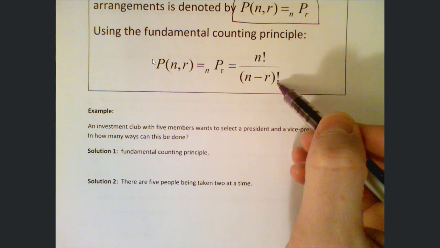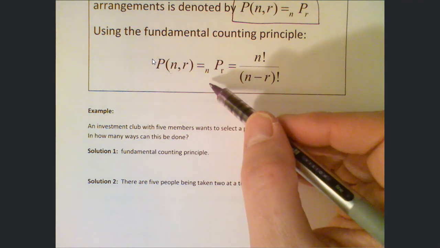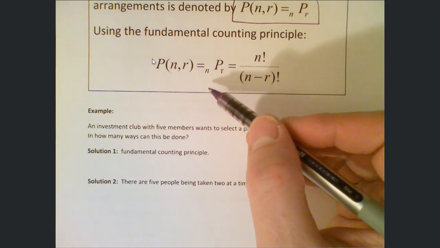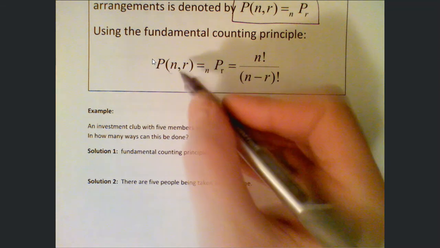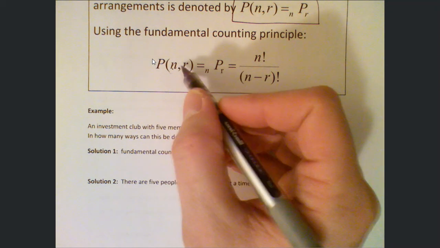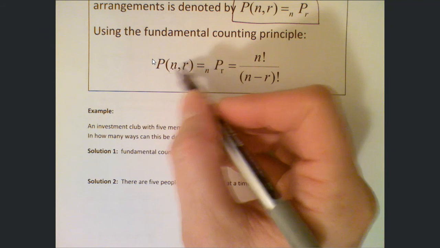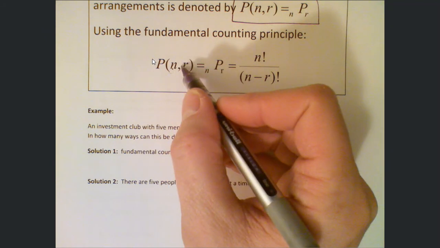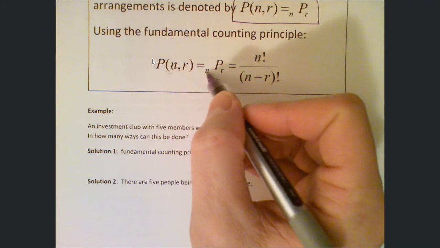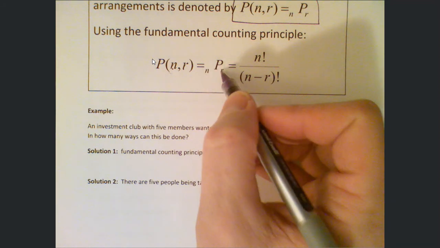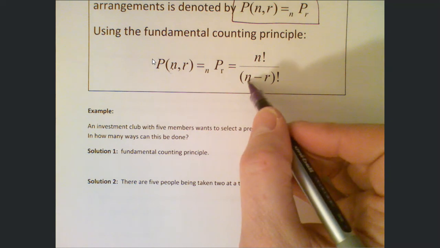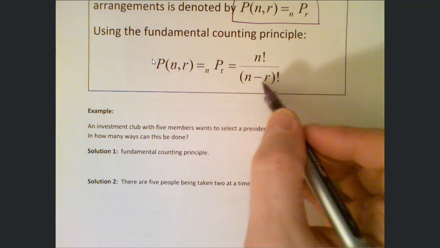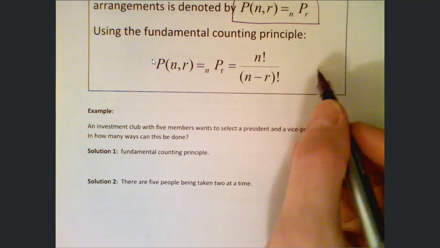Now, to go back to the other problem where we had 8 songs and we wanted to take them 8 at a time, so that is, play all 8 songs. How many ways can we do that? If you recall, it was 8 and 8. So it was 8 songs taken 8 at a time, or 8P8, and 8 factorial over (8 minus 8), or 0 factorial, is just n factorial.